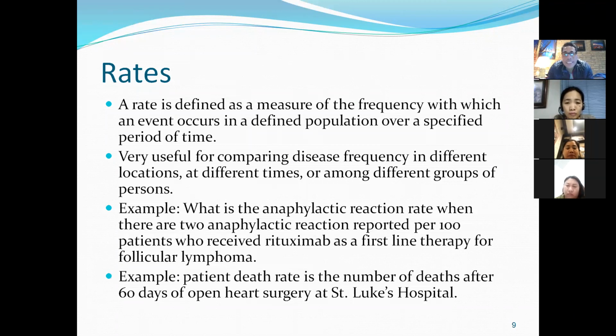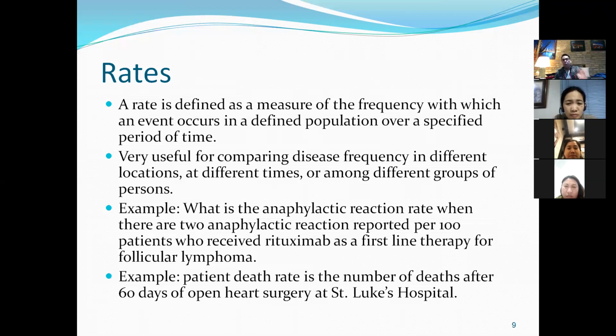So rates is just simply how many, what is the frequency? So here, it's just basically 2 per 100 patients treated. So that's the answer to what is the rate of the anaphylactic reaction for patients who receive rituximab as a first-line therapy for follicular lymphoma.